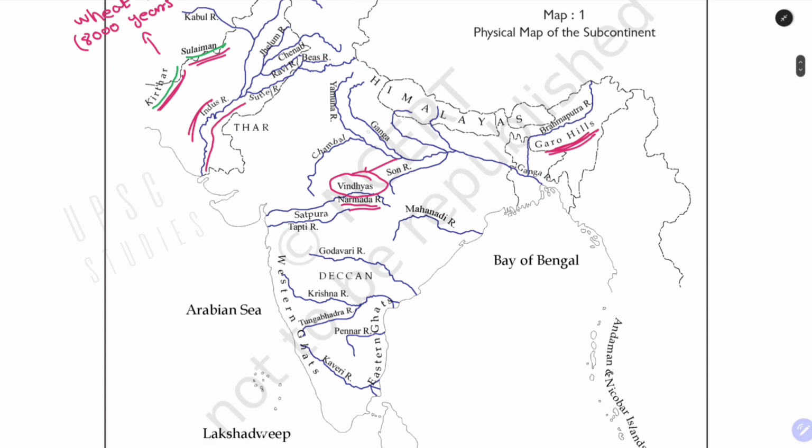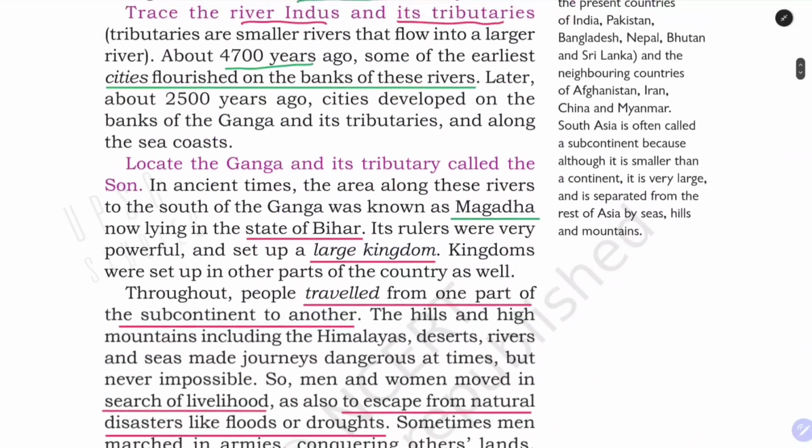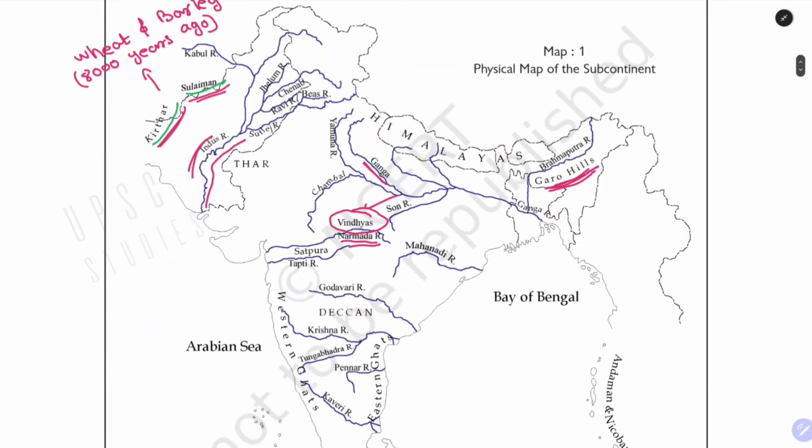We know, here is the Ganga. Here, the cities developed about 2,500 years ago. Say, 2,500 years ago, cities developed on the banks of the Ganga and its tributaries. So locate the Ganga. Yeah, this is the Ganga river and the Son river.